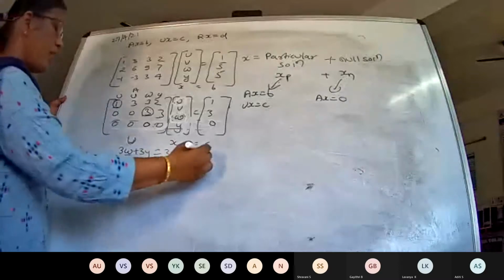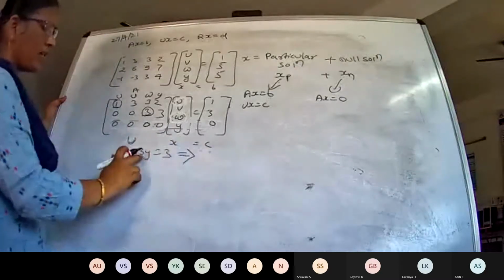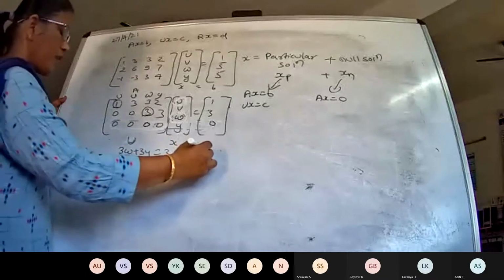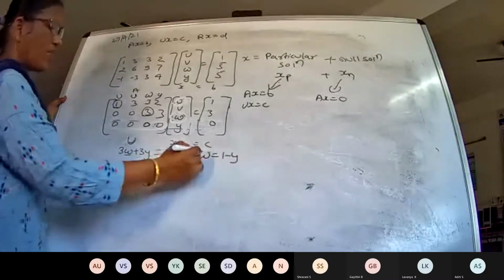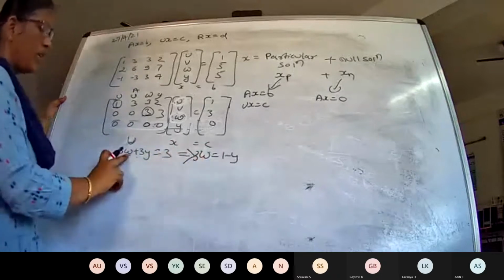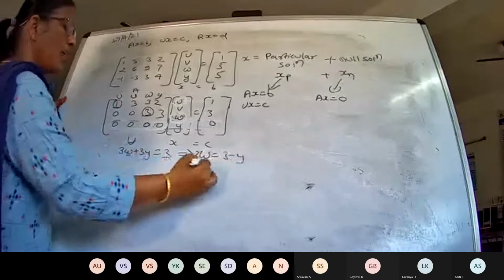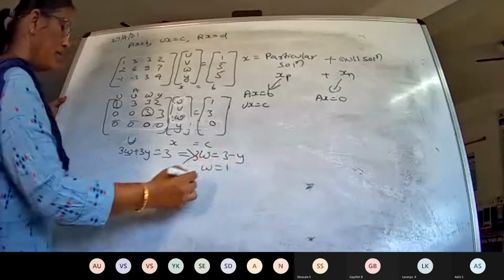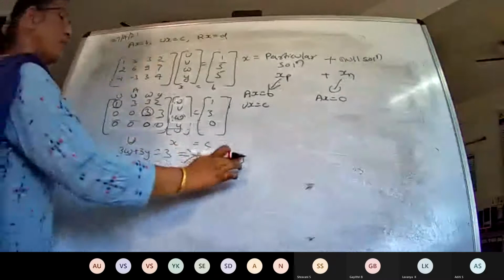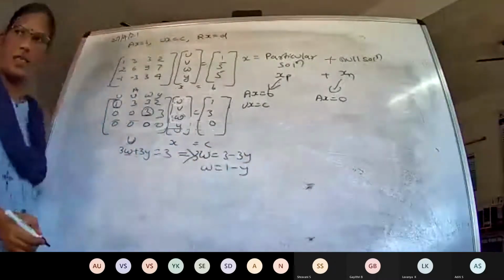If I divide by 3, I will get w equals 1 minus y. Or if you are getting confused, 3w equals 3 minus 3y, so w equals 1 minus y.